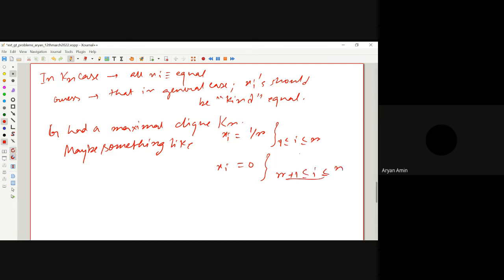So what I just did here is I'm taking a guess. We saw that for the Kn case, if the xi's were all equal, that gives us the maximum value. So we assign the vertices of the Kr the same value, 1 by r, and assign 0 to all other vertices because we need to keep the sum, right? So we guess that the answer should be something like this.